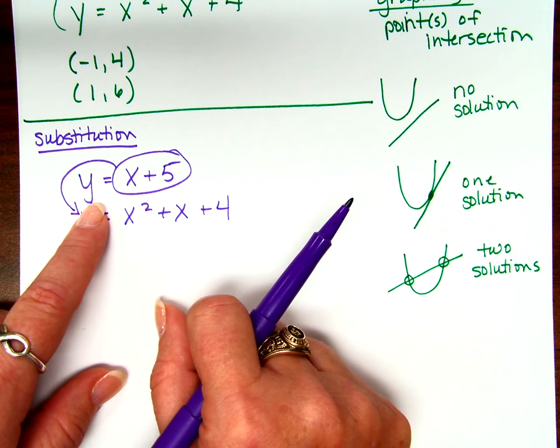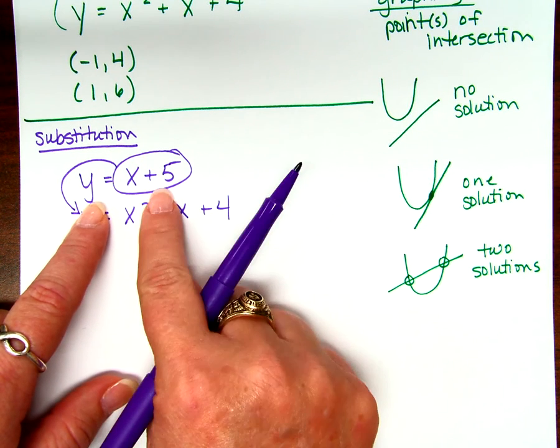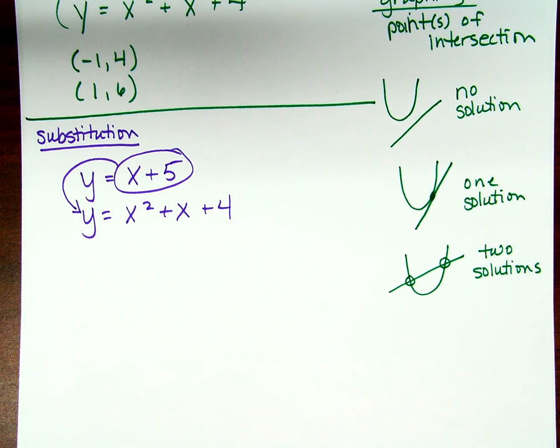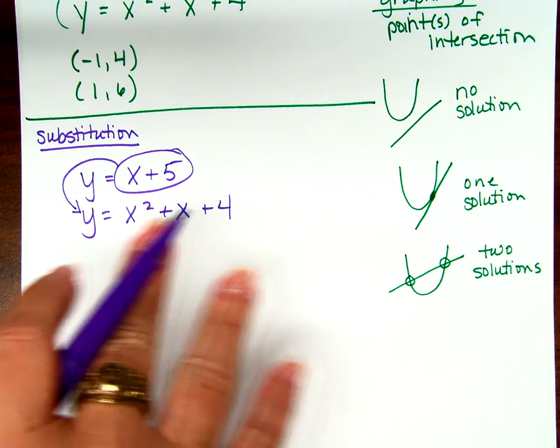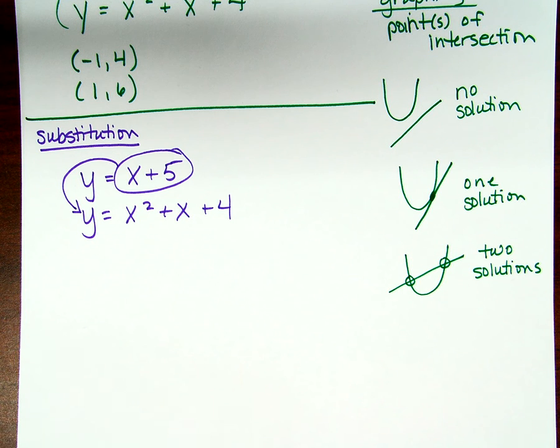Y is what's solved for here, so I'm just going to use what is given to me and substitute it into the other equation. You okay with that? Now, if you had a choice, what if it said x plus y equals 5? I know that's not the same as this, but if you were given something like x plus y equals 5, which one would you solve for? Doesn't matter. No, it does not. Okay, so just keep that in mind.